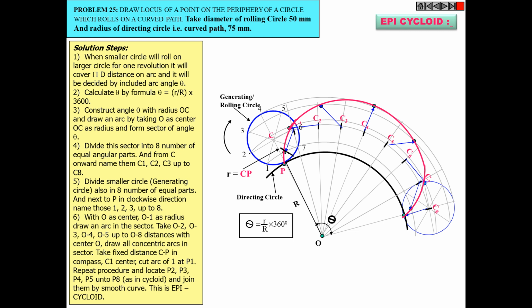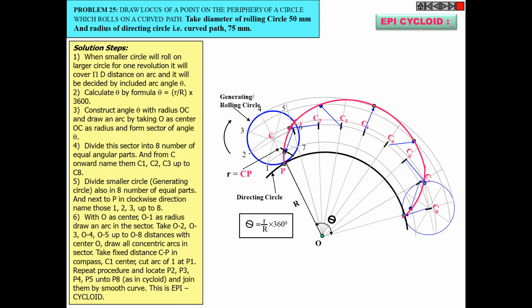Remember one thing: even numbers. Minimum you have to divide it into 8 equal parts. After 8, you have to go for 12, and so on. Okay, sir. Is it clear? The construction of epicycloidal curve. Any doubt?